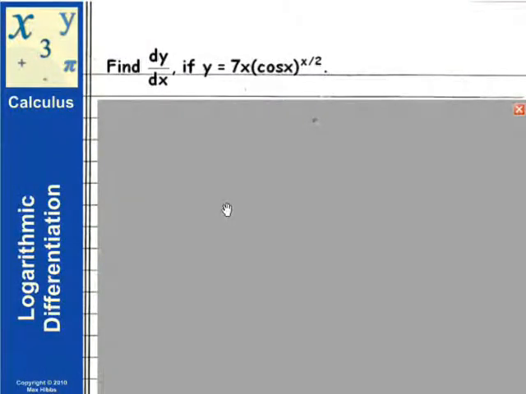The last example we're going to look at in this section is finding the derivative of y equals 7x times the cosine of x raised to the power x over 2.